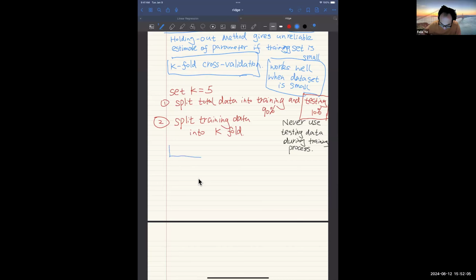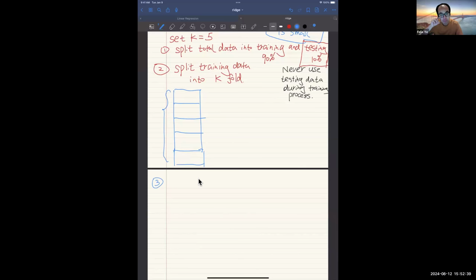So basically we are splitting the data into 5 parts. This is just for the training data, so this is for the 90% of the data. Out of this 90% data, we are going to split it into 5 folds.